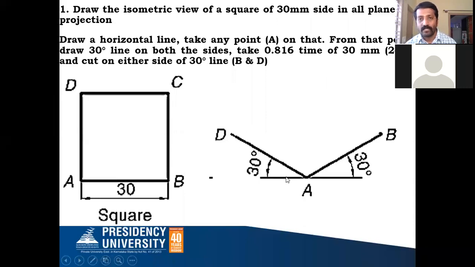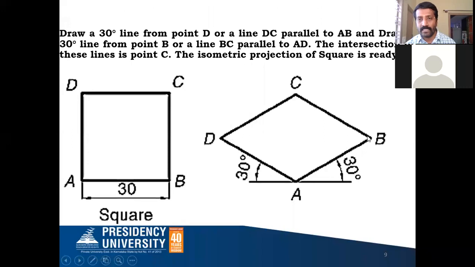Wherever these two lines meet or intersect, stop there, erase the extension lines, and call that one more point C. So join it with a thick line ABCD. The isometric projection of the square is done. This is the procedure you have to follow to complete the isometric projection. Any exercise given, follow this. I hope all of you understood this.